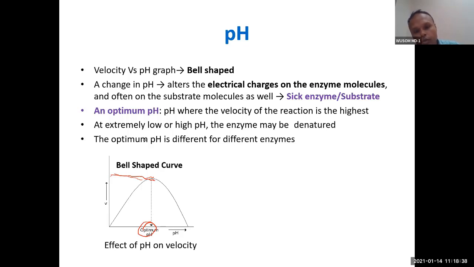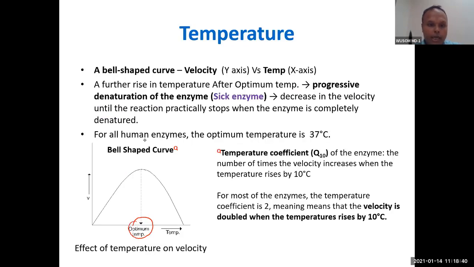You understood? Most active. When you decrease the temperature from this, the activity will decrease. When you increase the temperature, the activity will also decrease. And that is what makes this a bell-shaped curve.